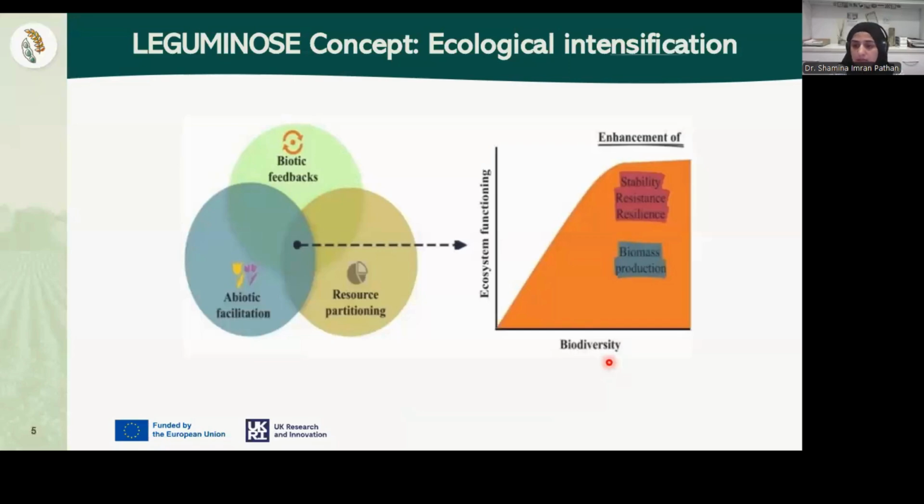In other words, different species within a community are in some way specialized and can interact with their biotic and abiotic environment, and they create this division of labor, which results in higher efficiency and functioning of the cropping system as a whole. So if we increase biodiversity, we hypothesize that it increases ecosystem functioning. So this is the basic concept.